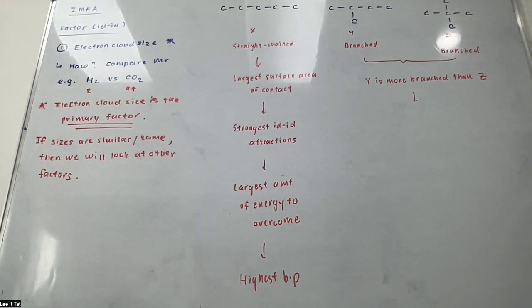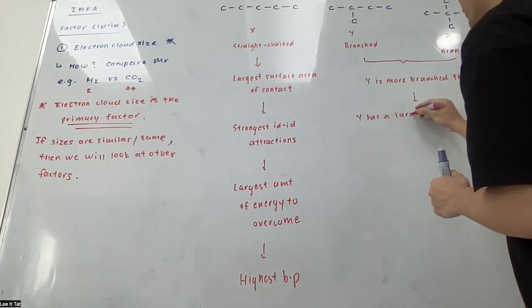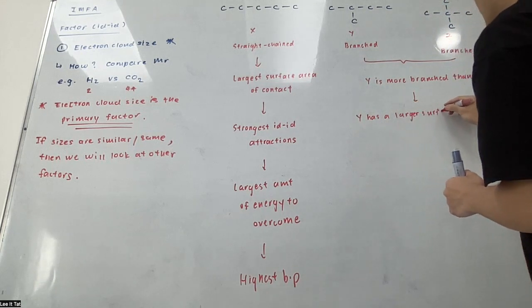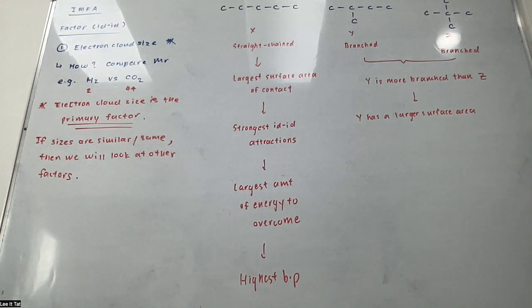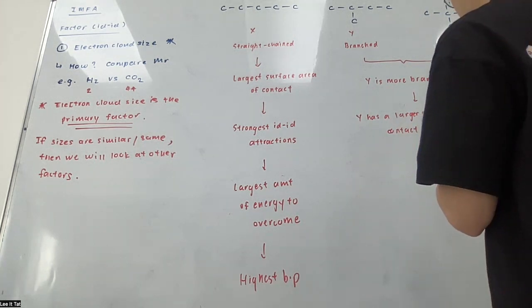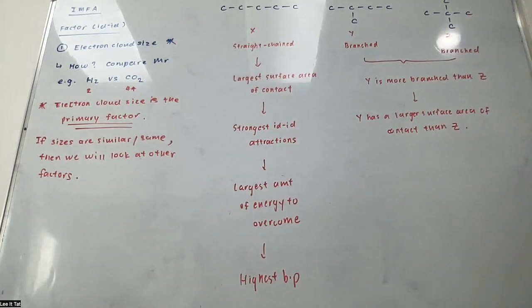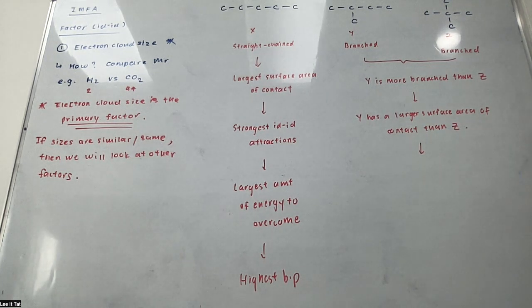If you are less branched, that means Y has a larger surface area of contact. Do you notice how I've changed my language? I'm now comparing between the two, Y and Z. So you change it to larger. Okay. So if you have a larger surface area, it means, once again, more surface area, you can form more attractions.